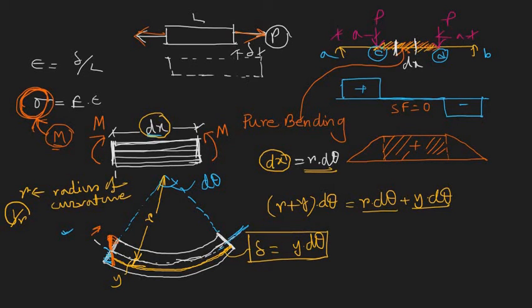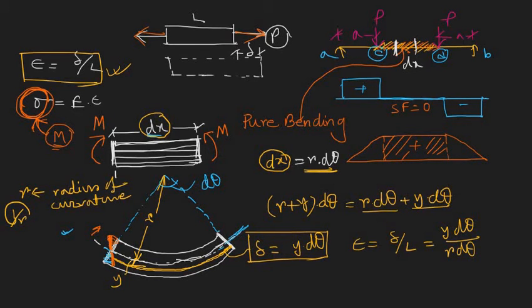And strain is nothing but delta by L, the very basic equation. So delta is y d theta and L, the original length, that is dx, that is r d theta.